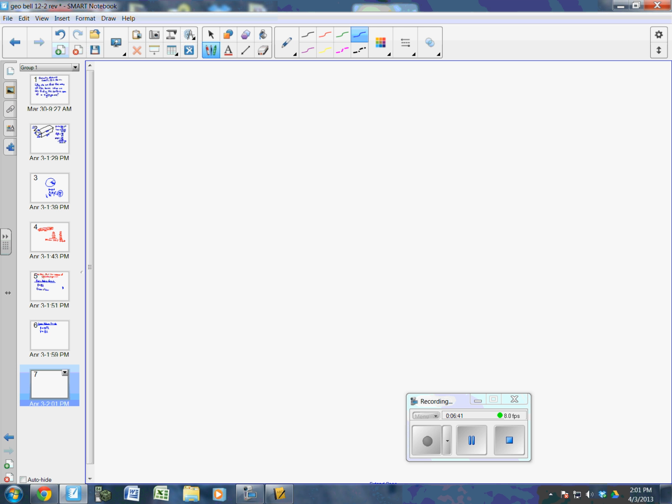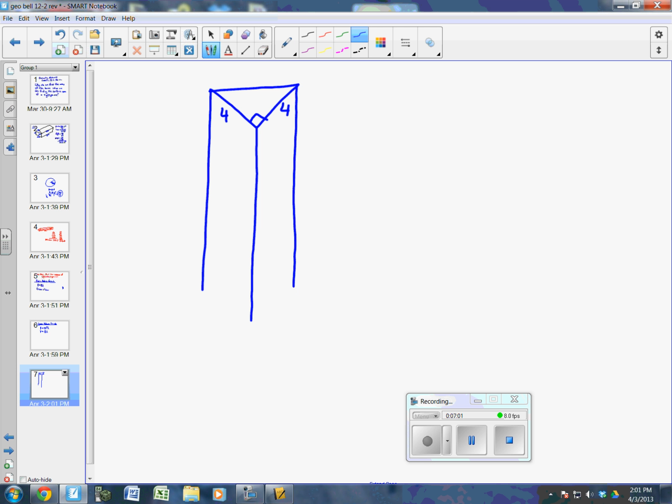Let's say that I have a triangular prism. Let's say that that's a right angle right there. That's 4 feet and 4 feet. And I go down. And let's say it's a right rectangular prism.